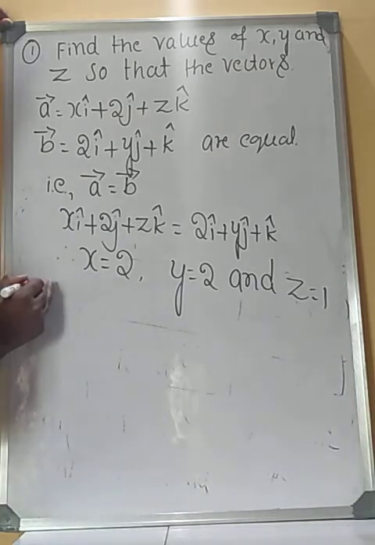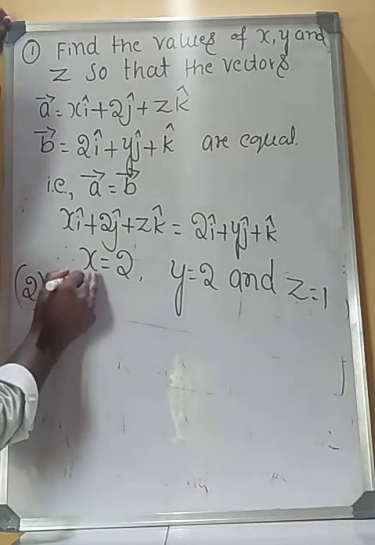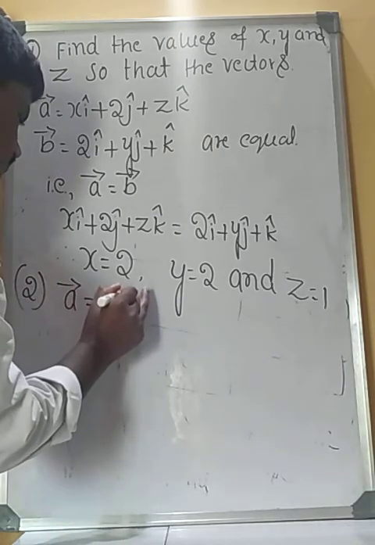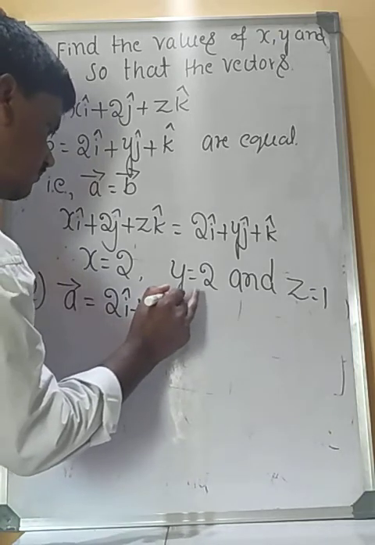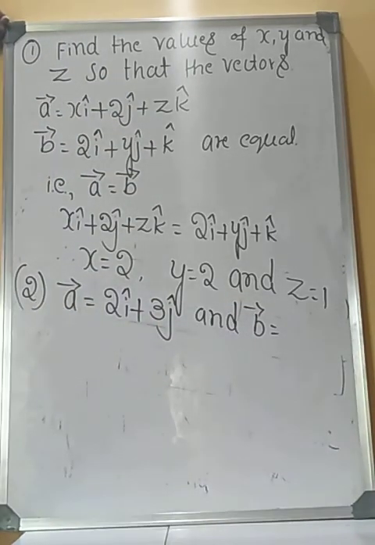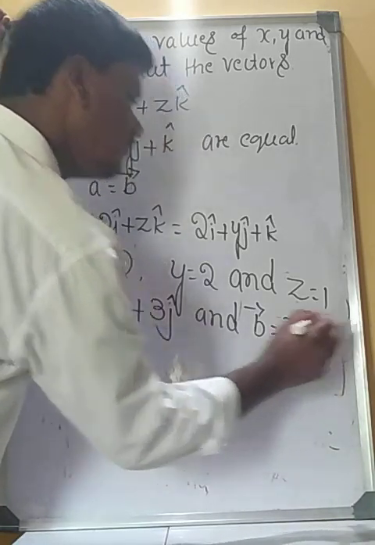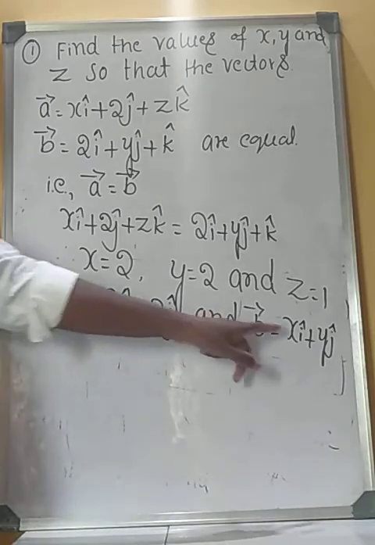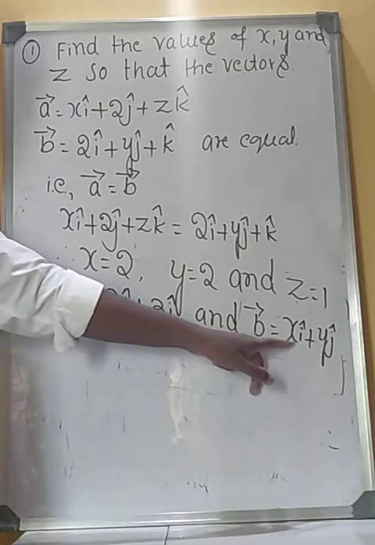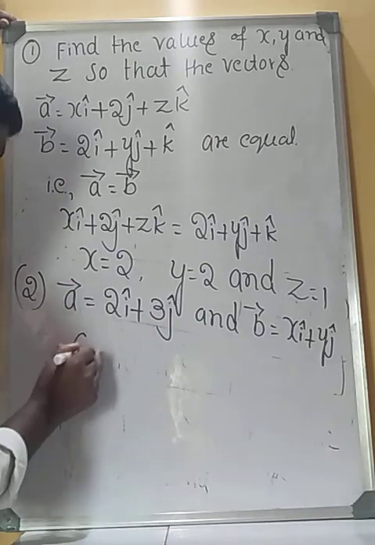Similarly, find the values of x and y so that the vectors, vector A is equal to 2i plus 3j and vector B is equal to xi plus yj, are equal.